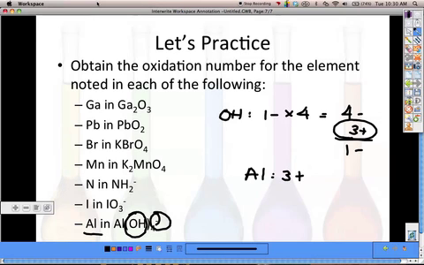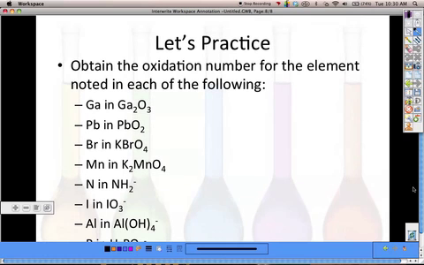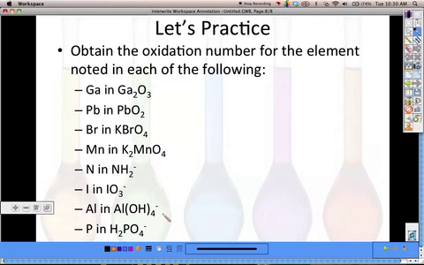One more example with these. If I'm looking for the phosphorus in H2PO4, 1 negative. I'm looking for 1 negative overall. And I can't look at the PO4 as a group this time because I'm looking for just the phosphorus in it. So it doesn't work like the hydroxide in the last one. Hydrogen each have a 1 positive, and there are 2 of them, so we get a 2 positive.